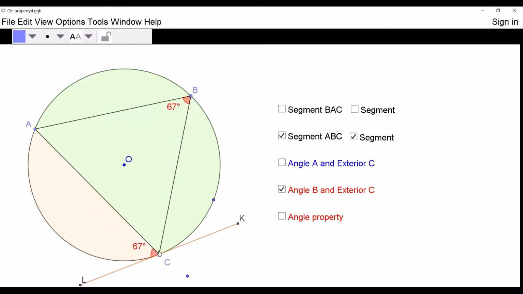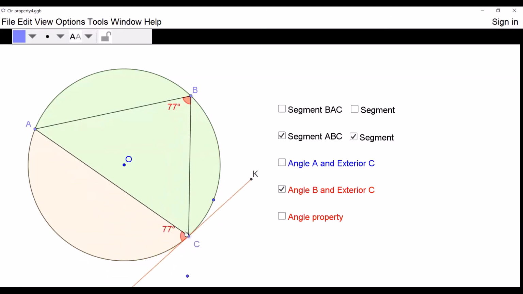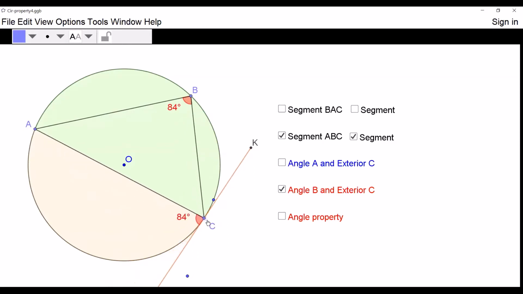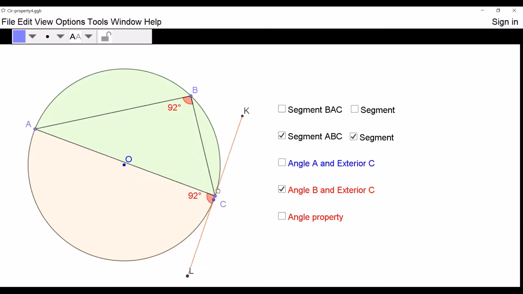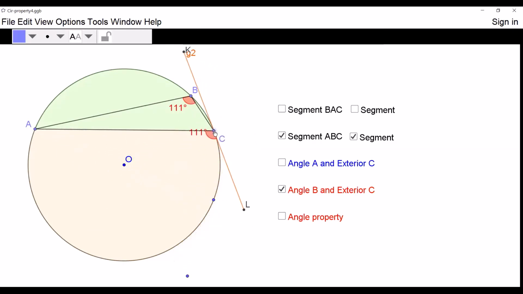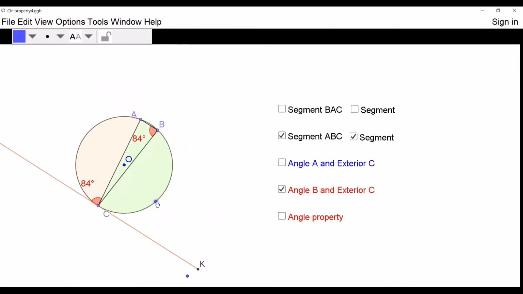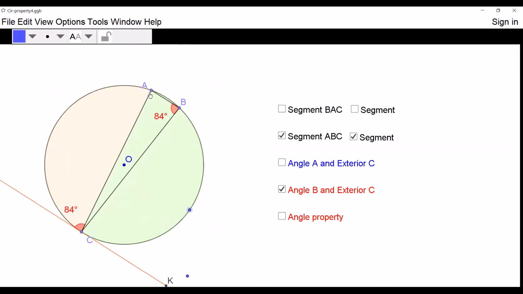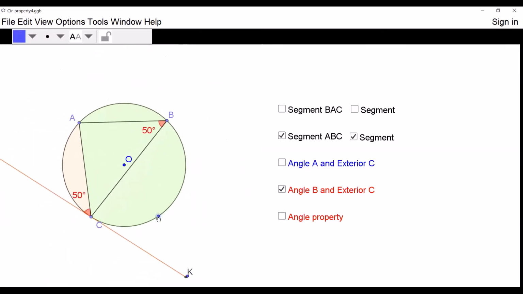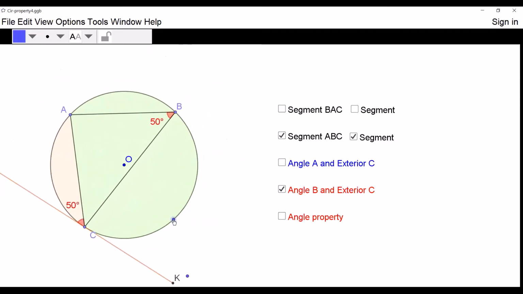Now let us move the tangent. So we can see that both angles are the same. 84, 97, 111, 40, irrespective of the size of the circle, the position of the tangent, or the position of the different points.